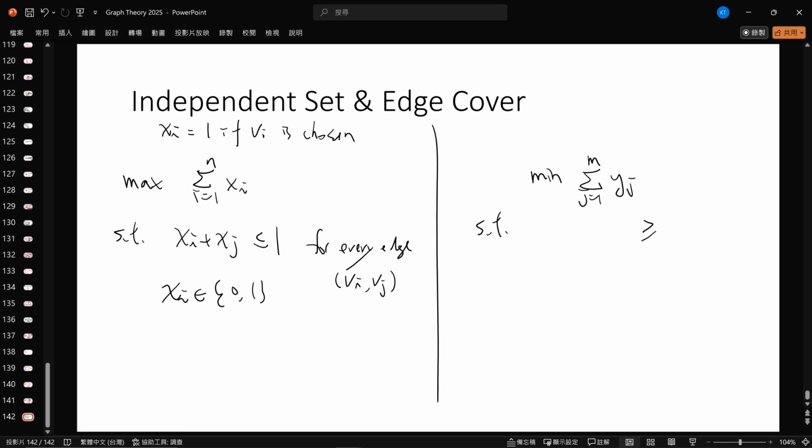Now because we have a variable for every vertex in the primal problem, in the dual problem we have one constraint for every vertex. And the right-hand side for the constraint is easy. It is just the coefficient, and since the coefficients are just 1, we have 1 here.